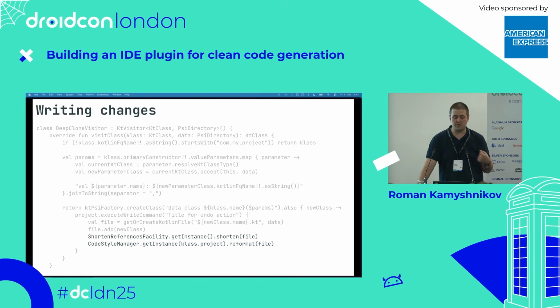It will find all of those fully qualified names that we have added before. It will automatically shorten them and add them as imports, so you don't have to do that yourself. And last, we will ask the code style manager to reformat our file, and it will basically do that using the same code style that you have in your project, so the output that you have matches what you would normally get if you were writing things yourself. Our domain flow is now essentially ready.